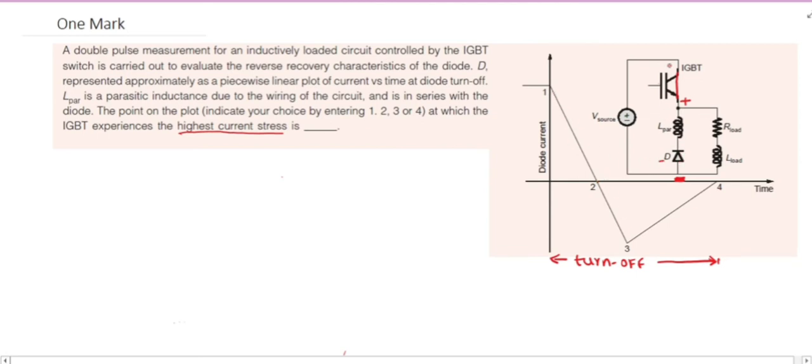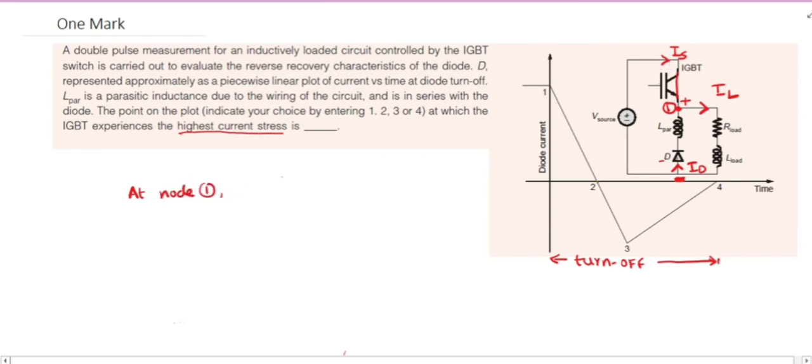Now if I mention the currents here, this is the IGBT current I_S, this is the diode current I_D, and this is simply the load current I_L. If I write at node 1, what happens?